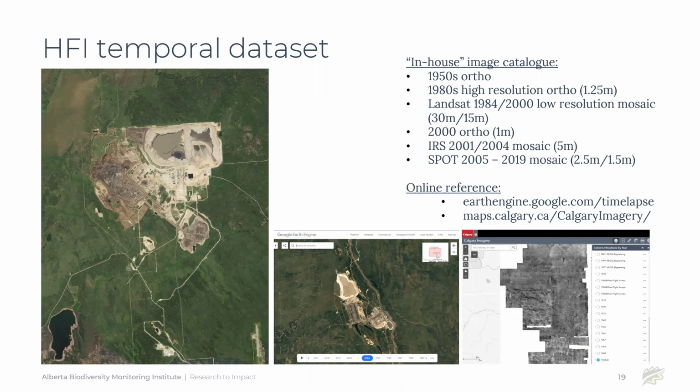Obviously, there are some open source data, such as Landsat from 1984 and 2000. The downfall of those is lower resolution, so 30 meters, 15 meters. And then we have IRS satellite scenes, but most of the interpretation is actually done on SPOT imagery, going from 2005 to 2019.